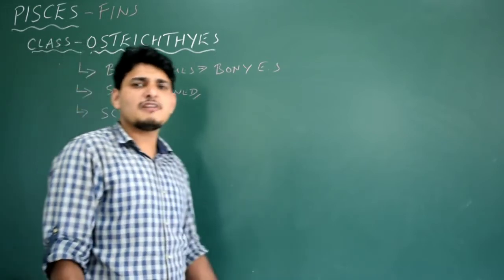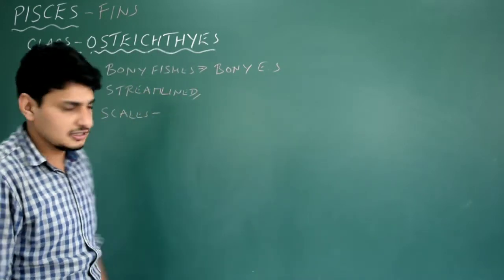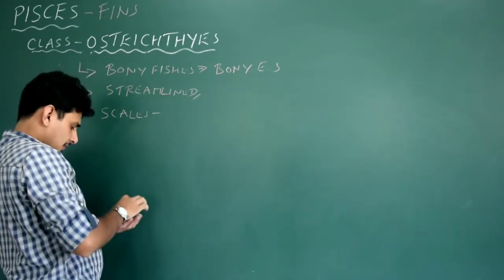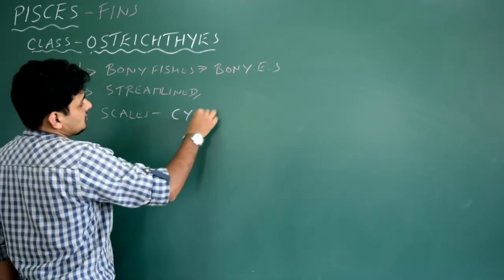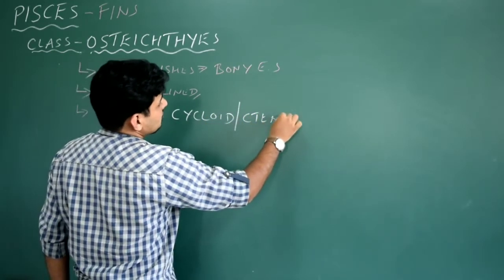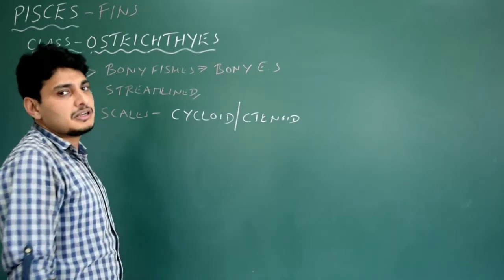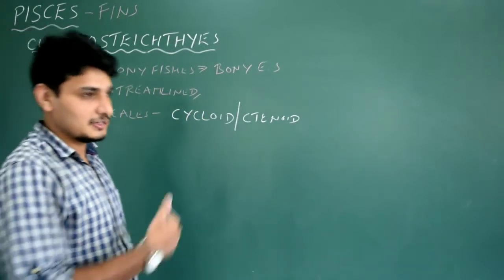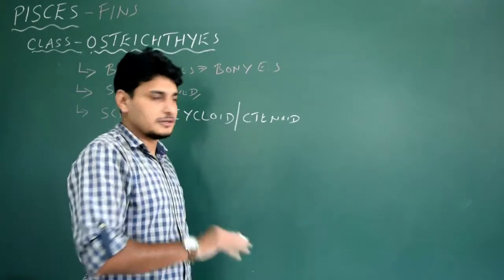Placoid means rough scales. Here the smooth scales are there. The type of scales these organisms exhibit are cycloid scales, very important, or it is also called ctenoid scales. I believe you remember all this terminology. You will understand it later, don't worry.